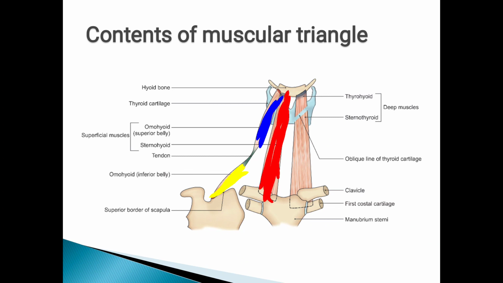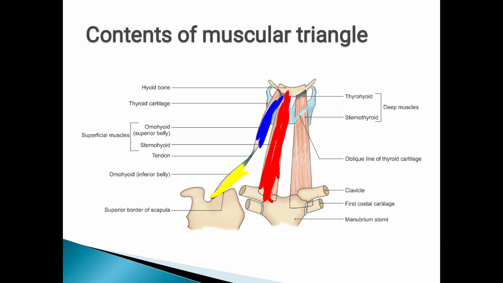Okay, now here you can see two muscles, the sternohyoid and omohyoid muscle. Okay, then the two small muscles also you can see here.